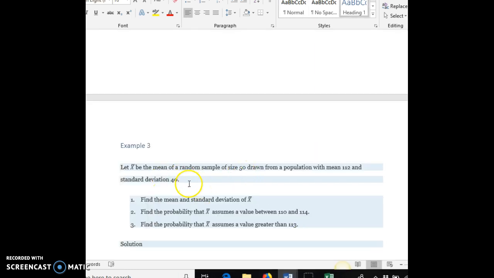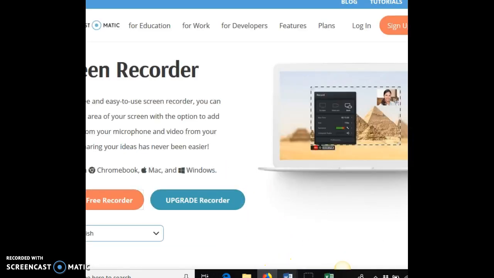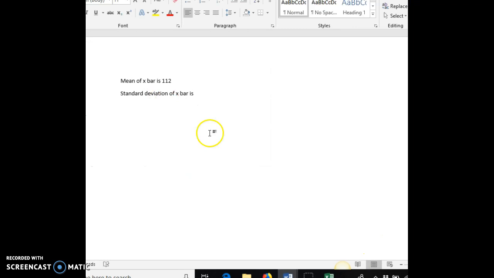It was 40, and our sample size is 50. So our new standard deviation is 40 over the square root of our sample size, 50.